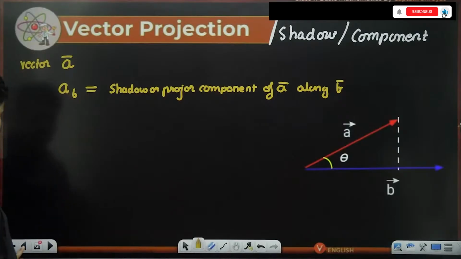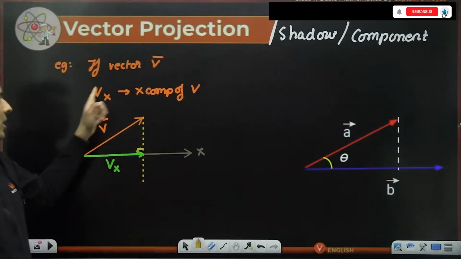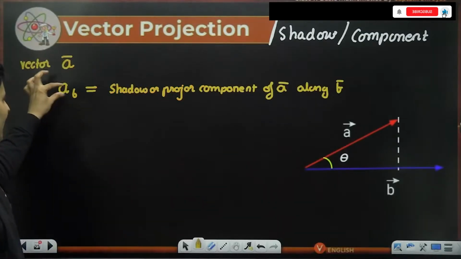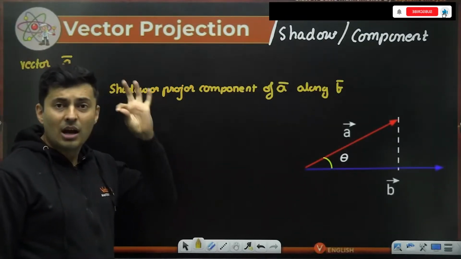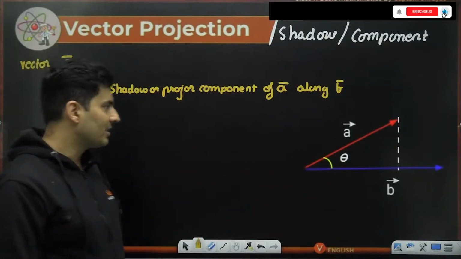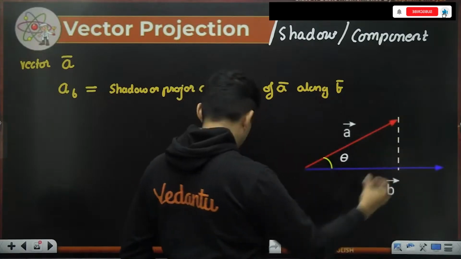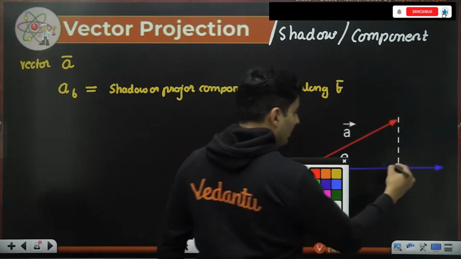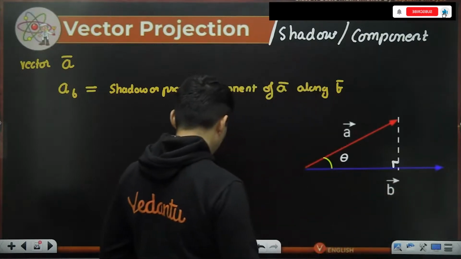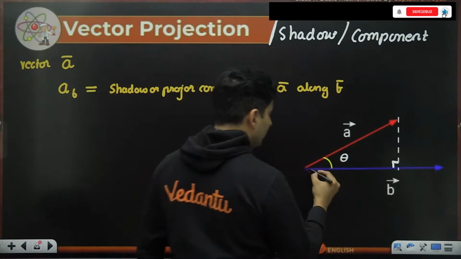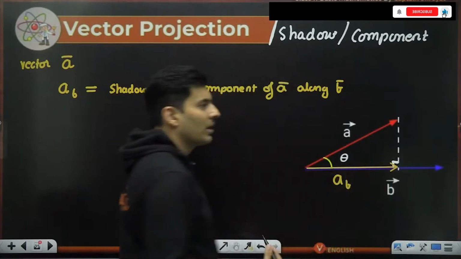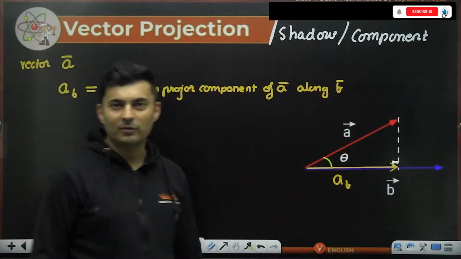Just like the x component of v is how much of the vector is along the x direction, in the same way A of B means how much of A is along any random direction. So again, you draw a dotted line perpendicular to the line along which you want to find the component. Naturally, this much will be nothing but A of B, which is what you need.